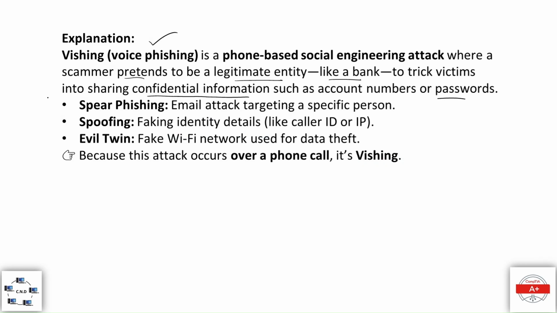The incorrect options: spear phishing is used in email attacks targeting a specific person. Spoofing basically is faking identity details like caller ID or IP address. Evil twin is basically a fake Wi-Fi network used for data theft. So because this attack occurs over a phone call, therefore it is vishing.